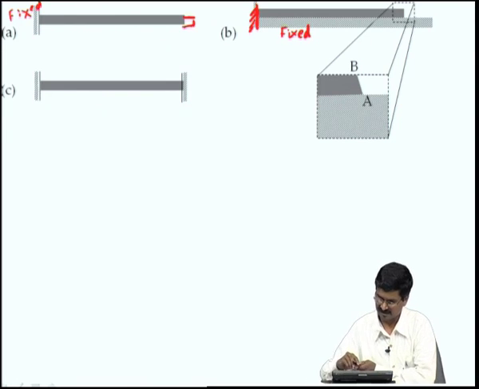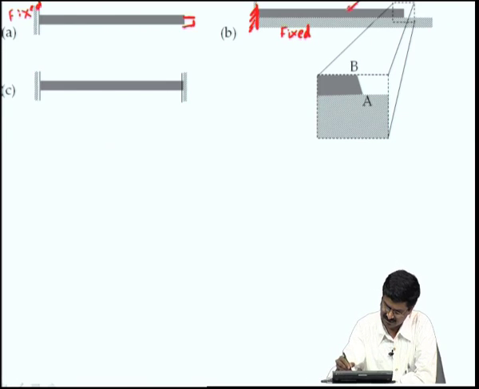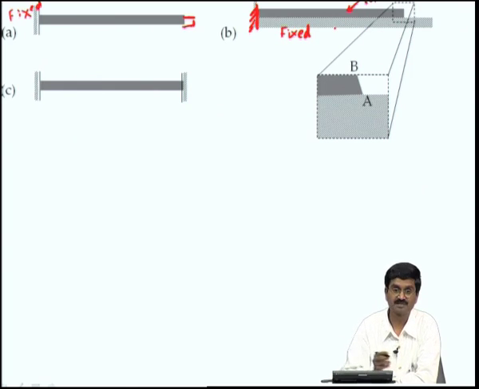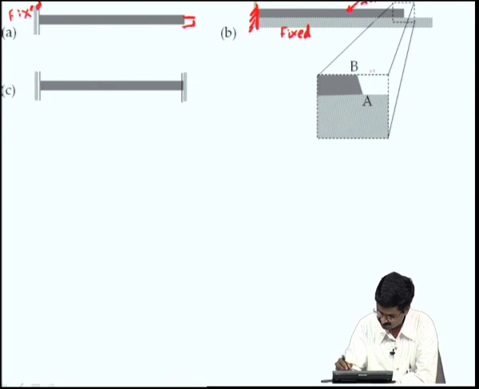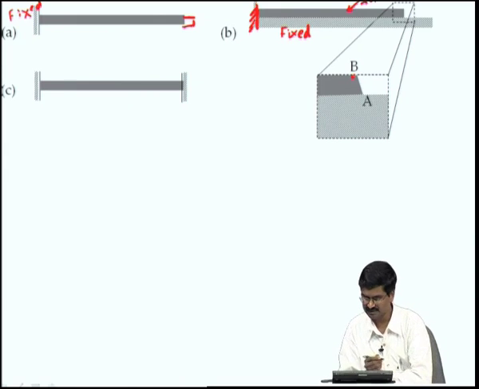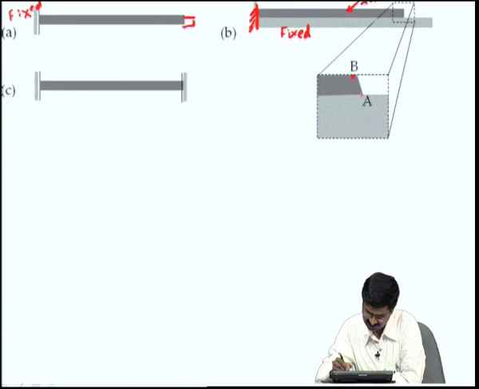So, this is the top one, and the bottom layer is fixed to the substrate, so it cannot move, whereas the top one can contract, and that is what happens. If you look at the close up view, the top edge of this thin film has moved to this point, whereas the bottom one still remains there.